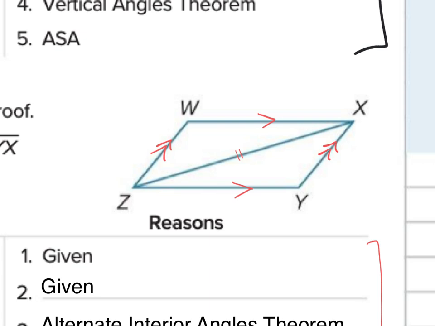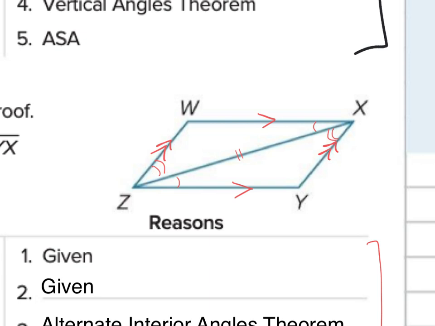And if I have two parallel lines cut by a transversal, then I know that my alternate interior angles are congruent. And then if I look at it from the perspective of these other two parallel lines, I know that my alternate interior angles are congruent. So I was able to identify some congruent angles.